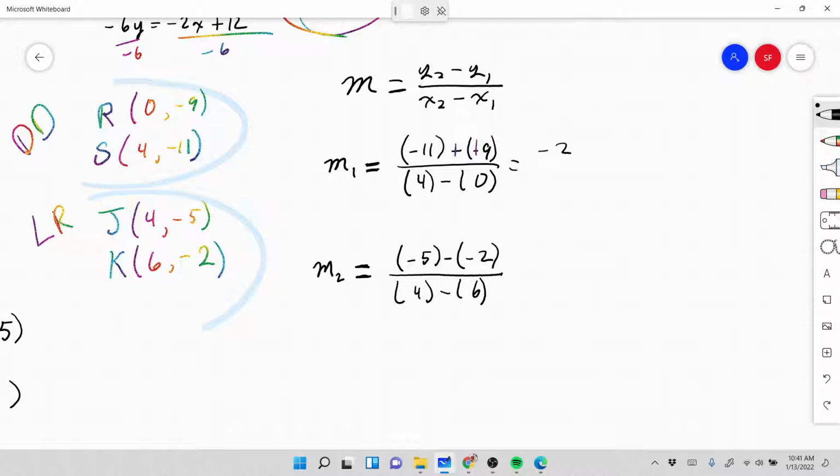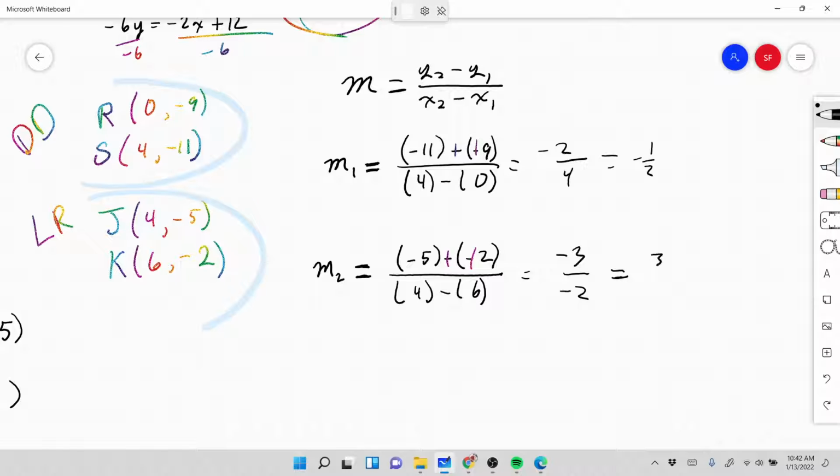-2, 4 over 4, which equals -1/2. And then -3 over -2, so it's not perpendicular, because those are not opposite reciprocals. But it's not parallel either, because they're not the same. Wouldn't it be positive 3/2?